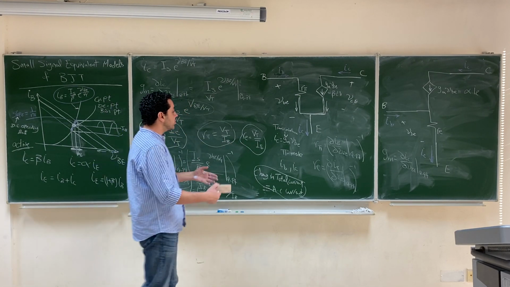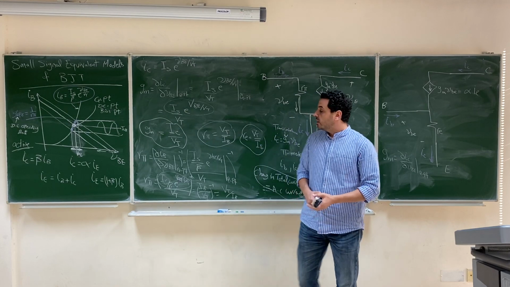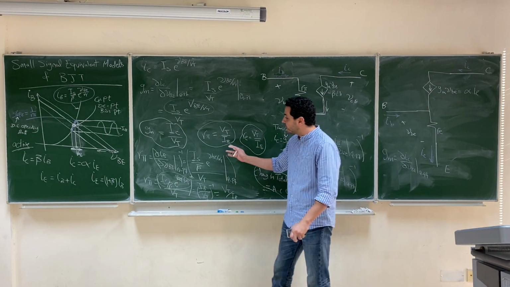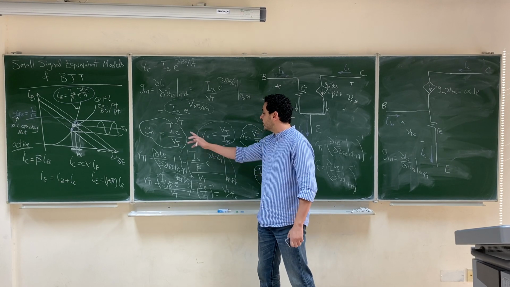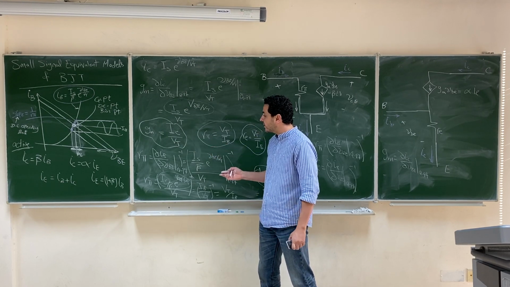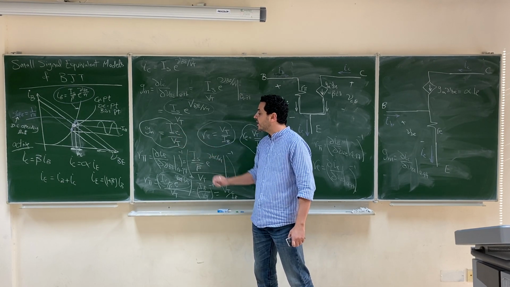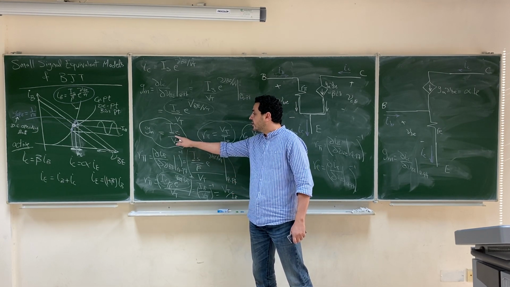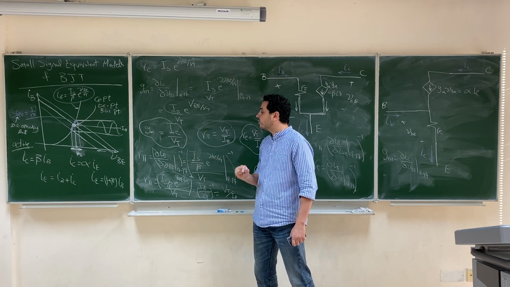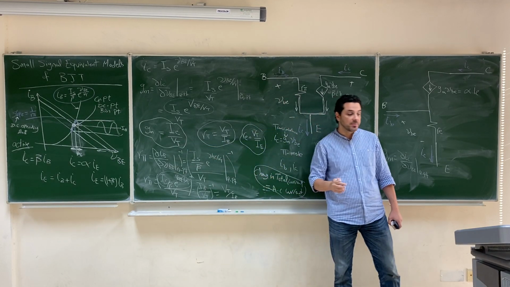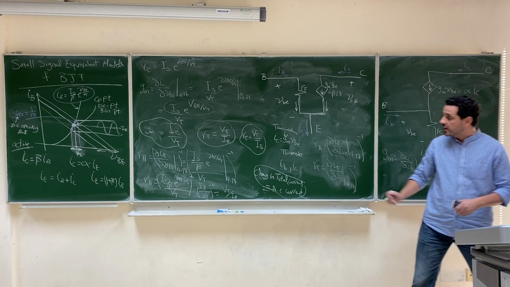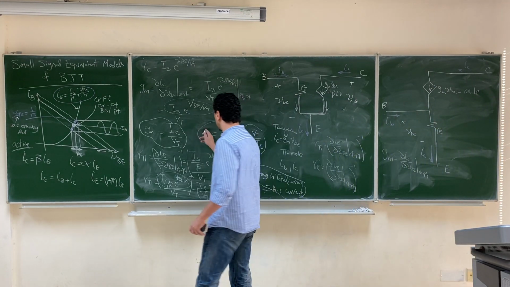Also, you will notice that you can get relations between these three parameters. For example, in the active region, you have a relation between IC and I base, the relation beta, so you can replace IC by beta I base. So GM can be written as beta divided by R pi.